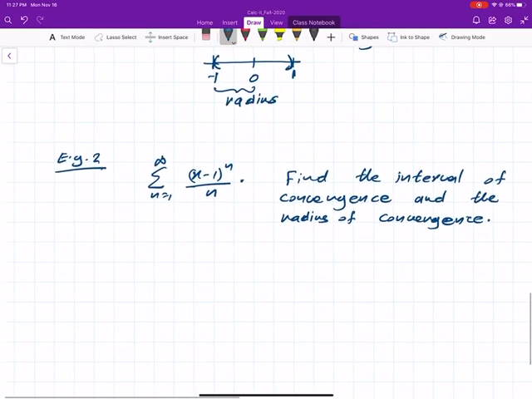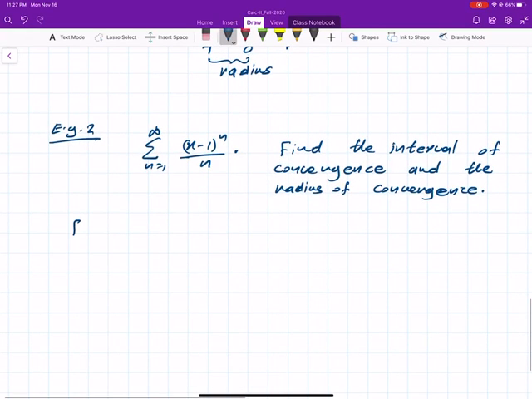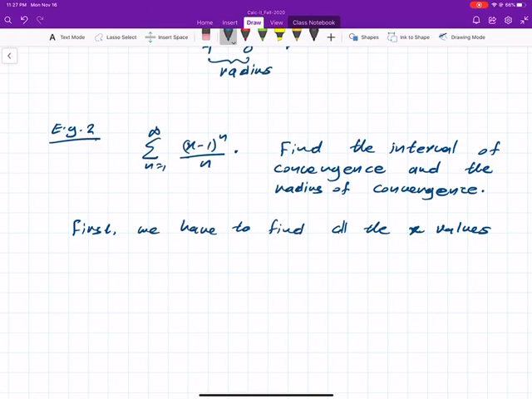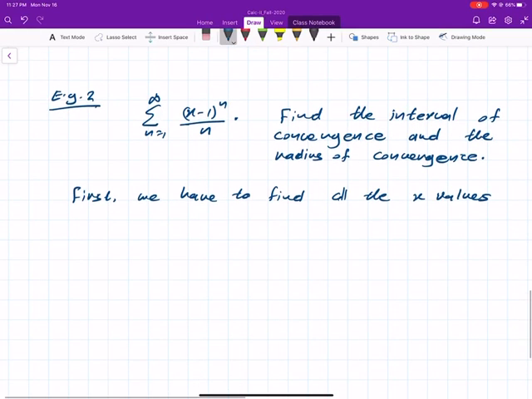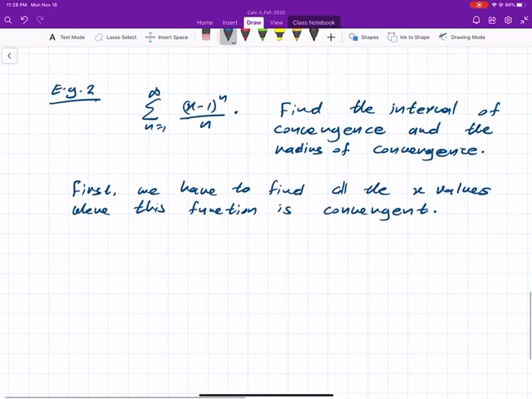First of all, we have to find all the x values where this function is convergent.